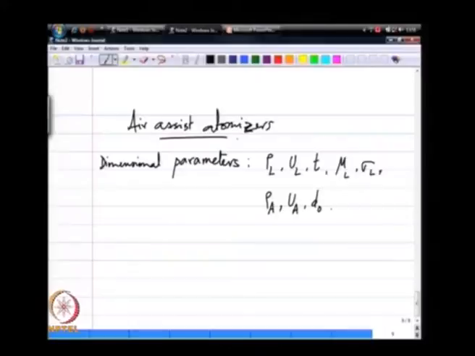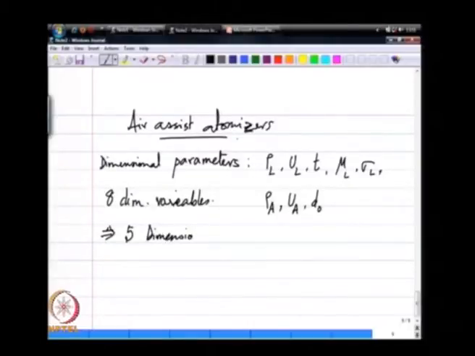Actually, I could even include air viscosity, but experiments have shown that that effect is small, so we will keep it simple, and this is going to give us 1, 2, 3, 4, 5, 6, 7, 8 dimensional parameters. Which means I am expecting 5 dimensionless pi groups.